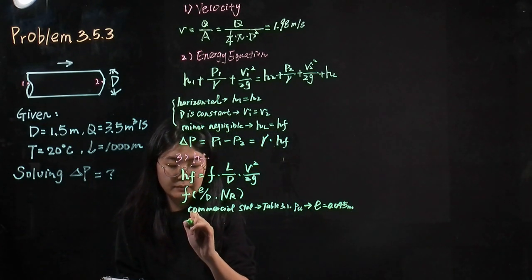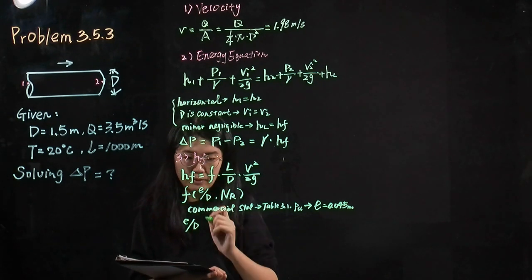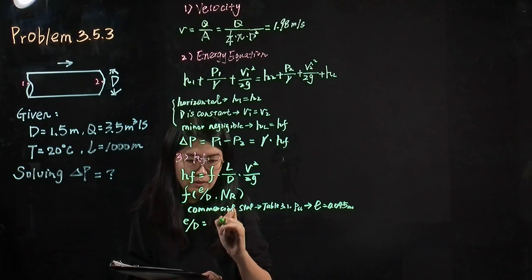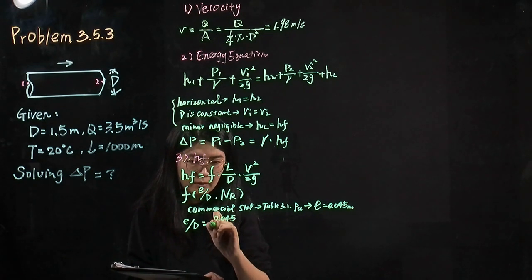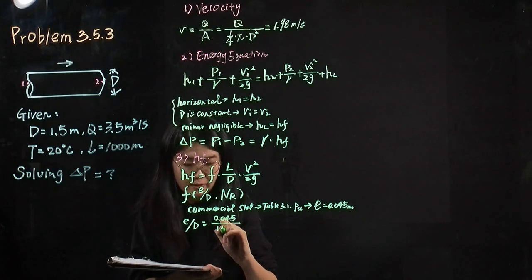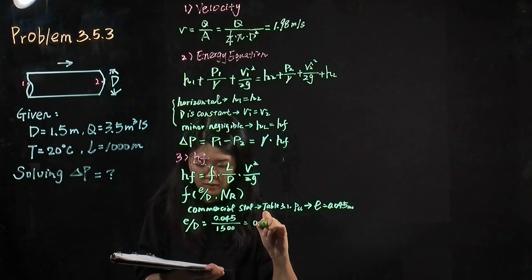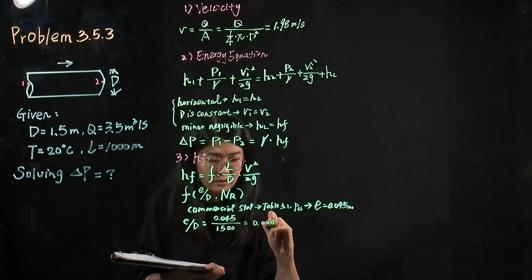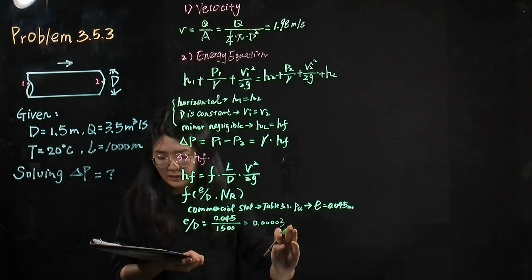Then we can calculate the relative roughness, which is equal to 0.045 over the diameter, 1,500 millimeter. So we can get a relative roughness here.